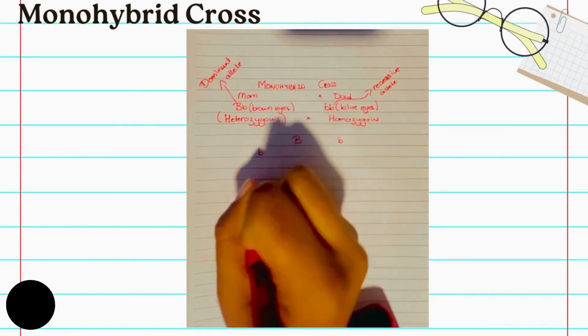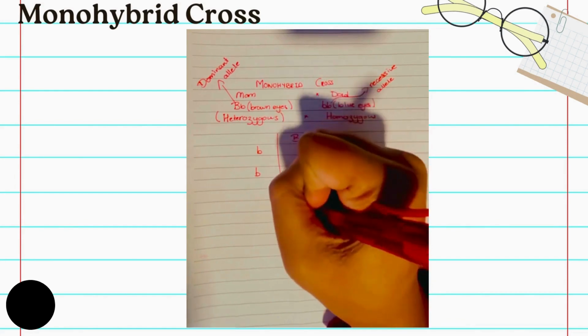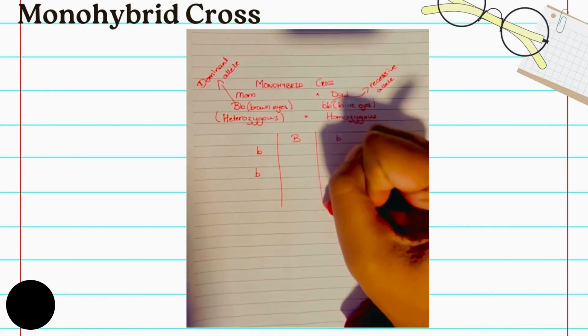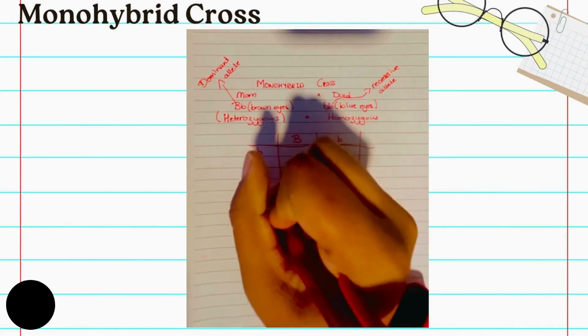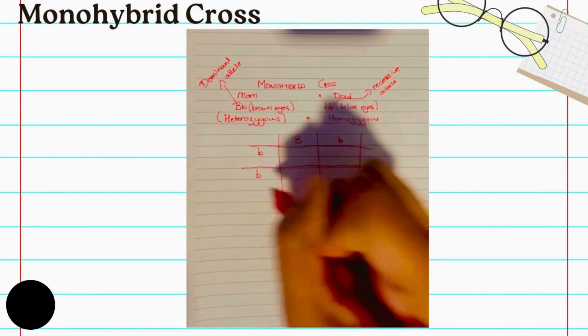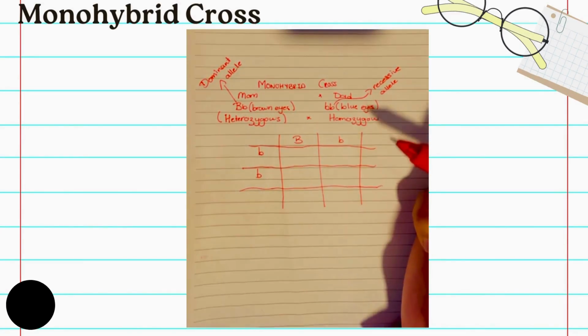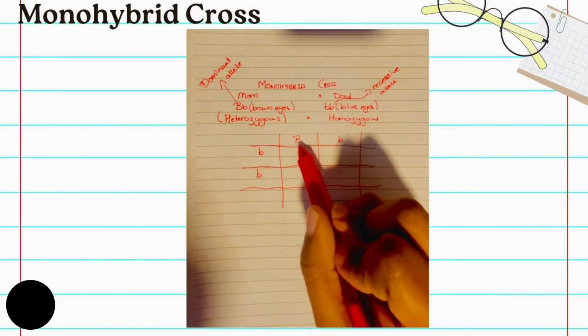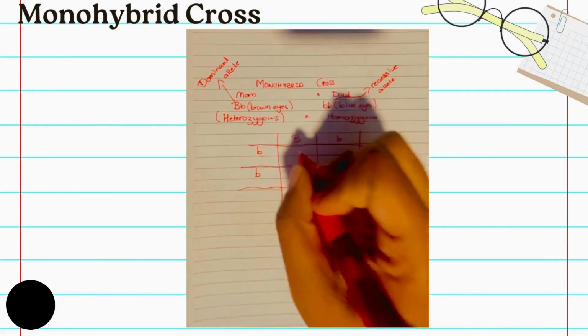This is how you do a Punnett square. You draw it up like this, and then you separate. So we have mom's alleles, the big B and the small b, separated, and so is dad's. Then you start binding them together like this. You look at the B at the top, you bind it with the first b, the second b with the second b. So that's how it is done.